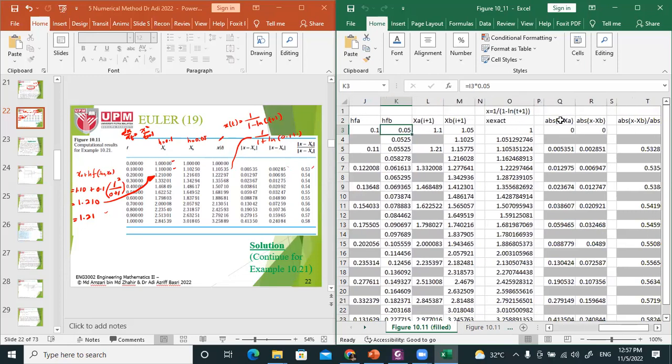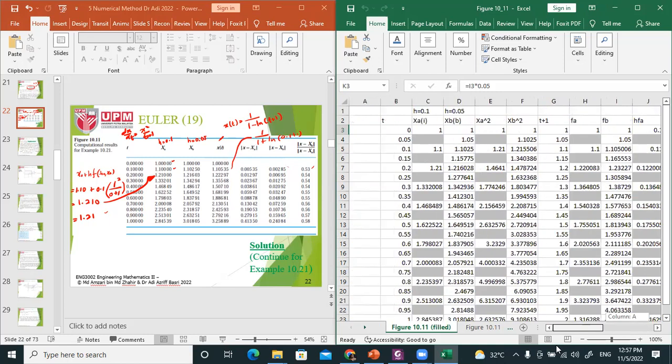Before we go to the absolute error, when it is 0.05, the first time step, this step is 0, then 0.05. There is no 0.05 for x because it starts at 0.1, so XB will be affected. So what is XB? XB becomes 1.0501.